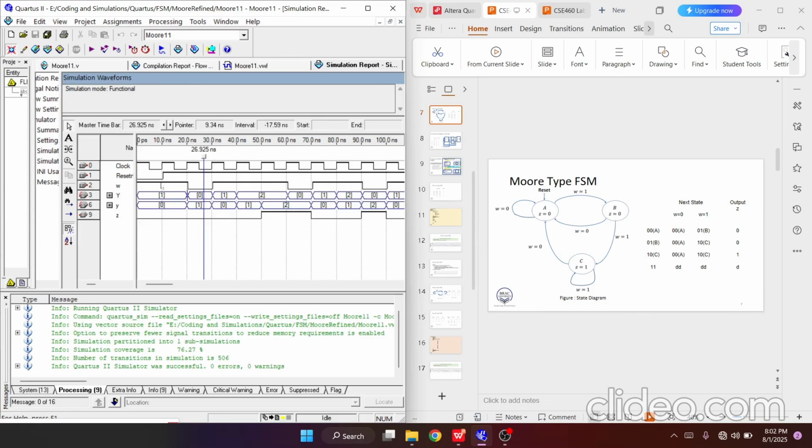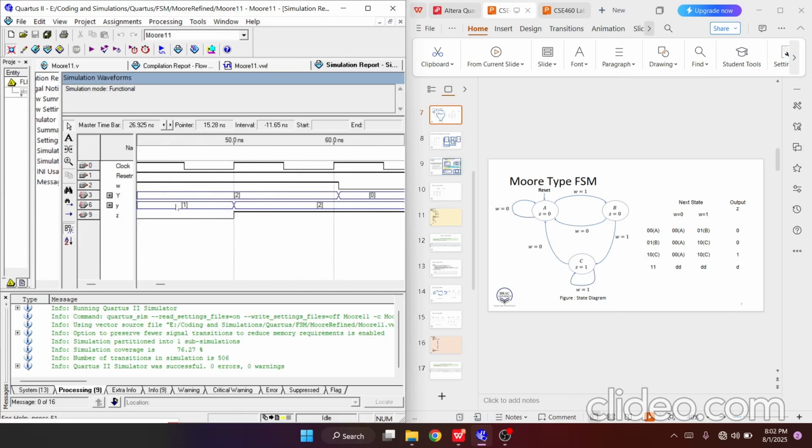When 1 is detected, and initially you were in state A, after you get W equal 1, you should get to state B. The next state should be B, that is capital Y should be equal to B. So this is what is happening here.